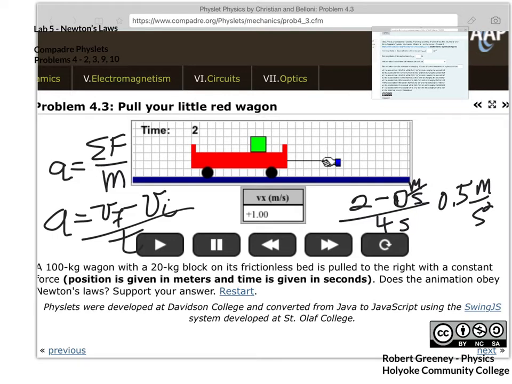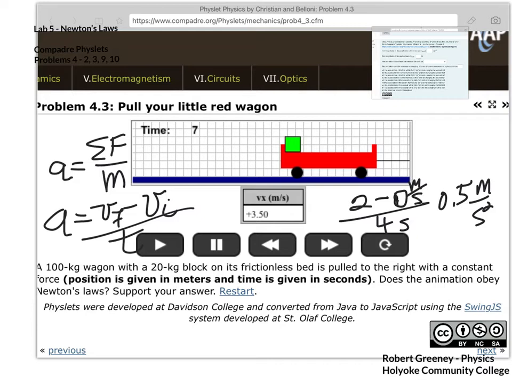Now let's do the second half. You might notice that it hits the barrier at about 5.7 seconds. So let's move it up to 6 seconds, and then we see it's 3 meters per second. Now let's move it forward 1 more second, from 6 to 7.